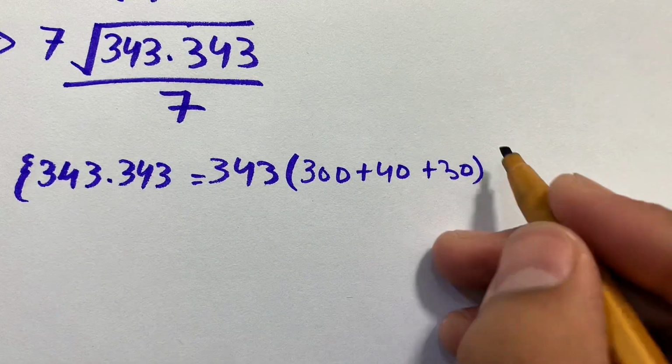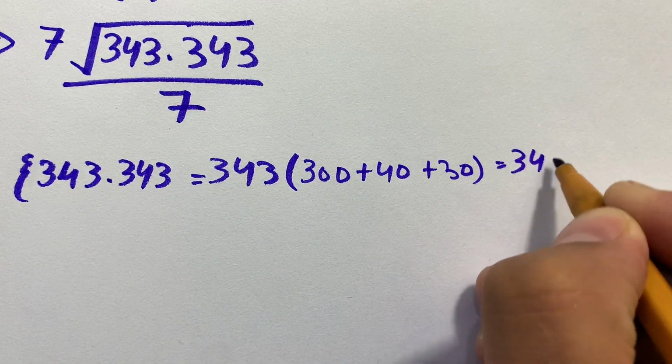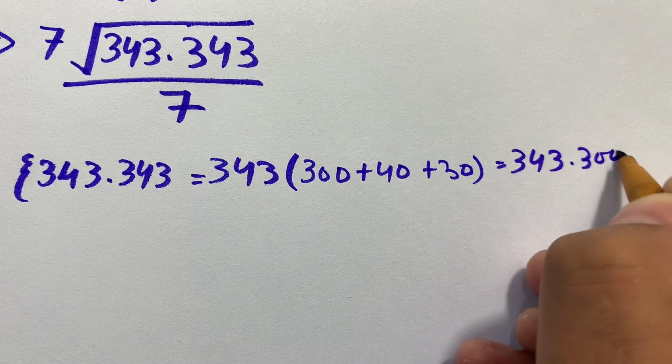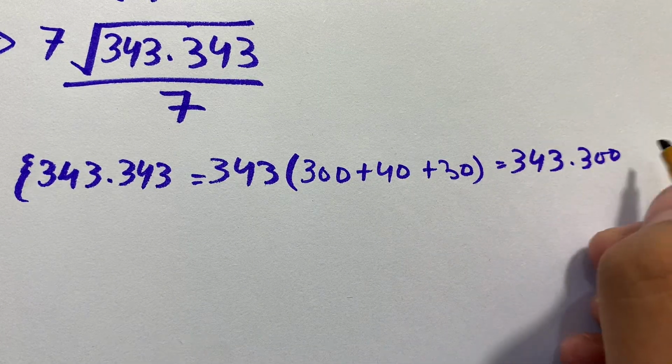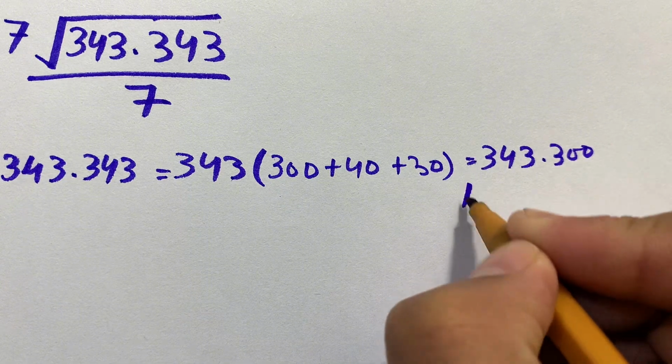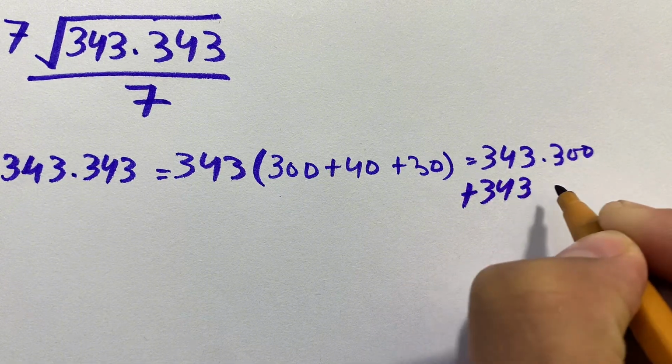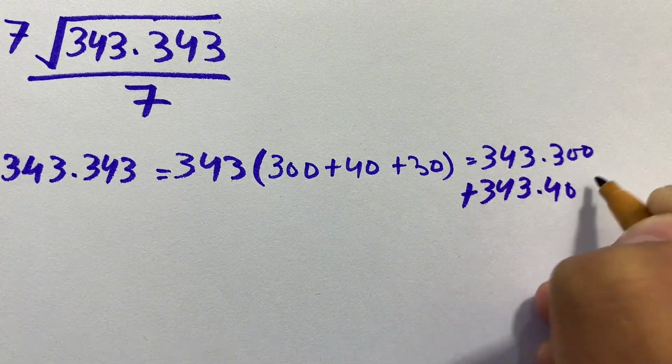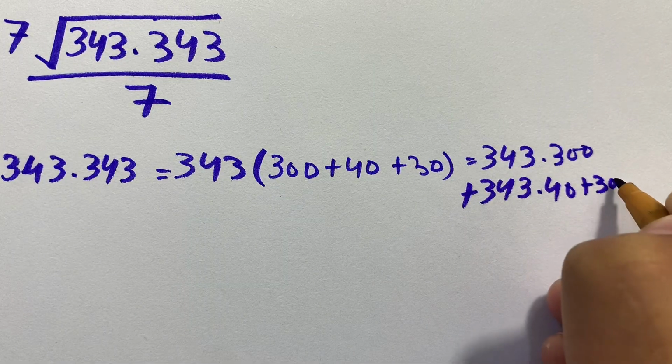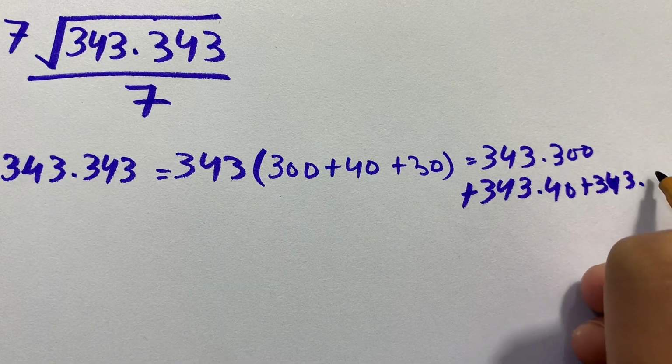That is equal to 343 into 300 plus 343 into 40 plus 343 into 3.